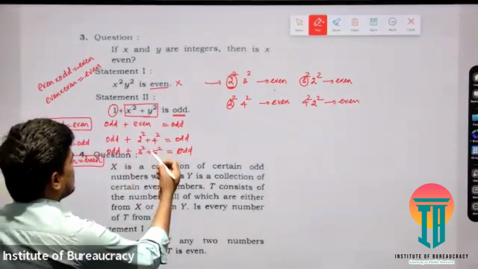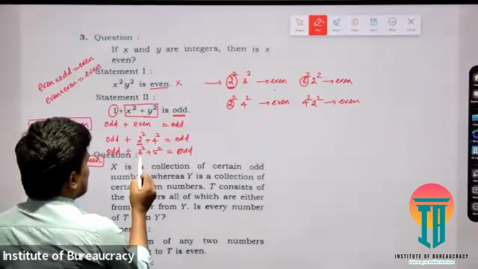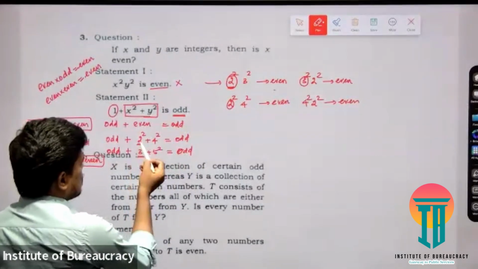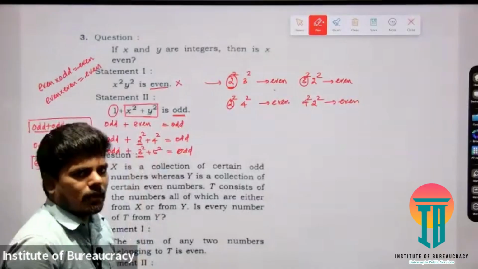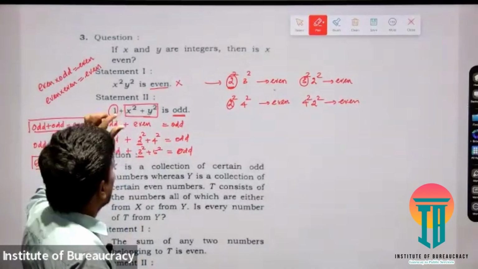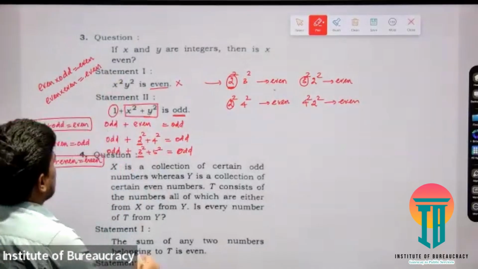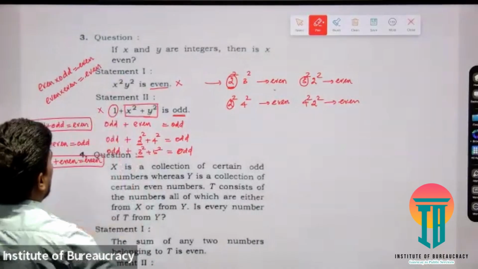So these are the combinations. Even or odd can both come, so using the second statement you cannot say for certain that x is even. Therefore, using the second statement also, you cannot answer.